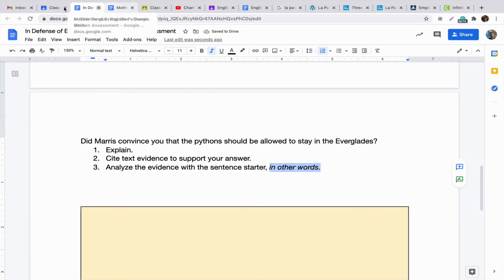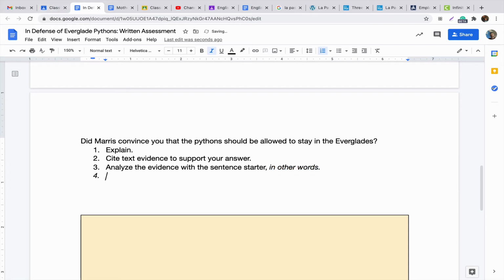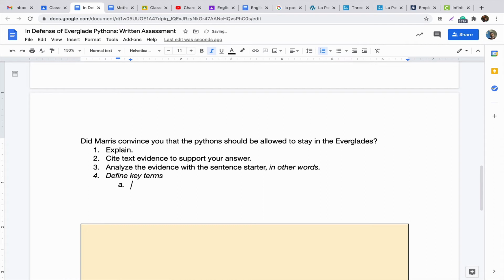That comes from the rubric. I'm also going to define key terms. And there are two kinds of key terms. Oops, I should probably do this differently.